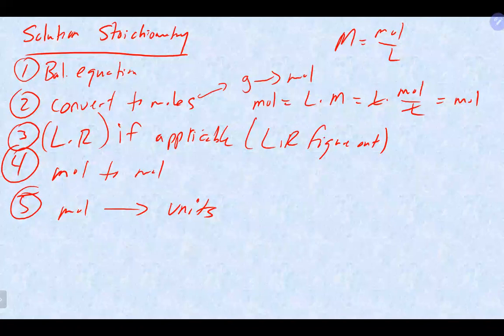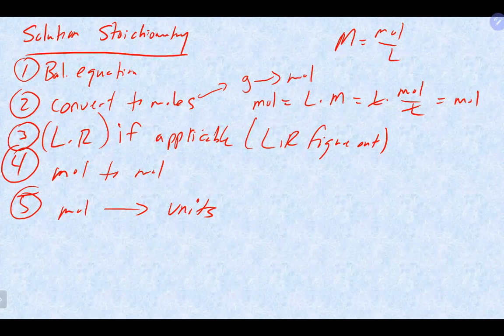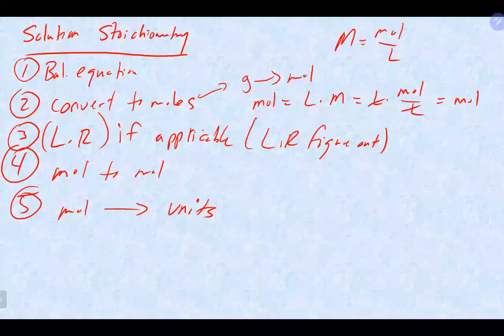So a lot of times in solution stoichiometry, if you have molarity and volume for each one, you typically will need to figure out the limiting reagent like we did previously. If it's not a limiting reagent problem, then it's probably a basic stoichiometry problem where you just convert to moles and then skip right on to the mole to mole relationship between the two things you're interested in from the balanced equation.